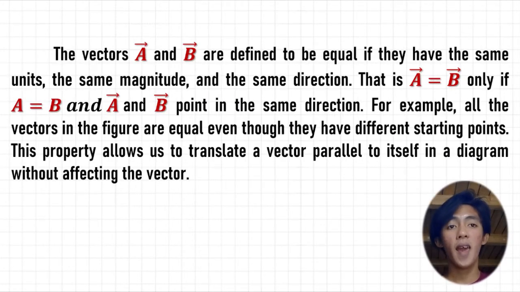The vectors A and B are defined to be equal if they have the same units, the same magnitude, and the same direction. That is, vector A is equal to vector B only if the magnitude of A is equal to the magnitude of B and vector A and vector B point in the same direction.